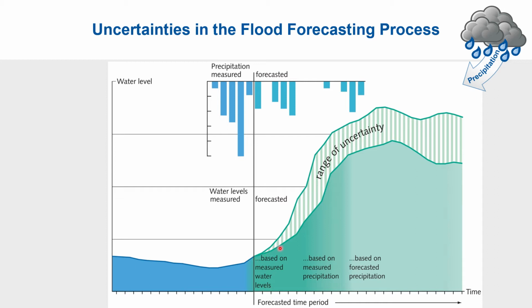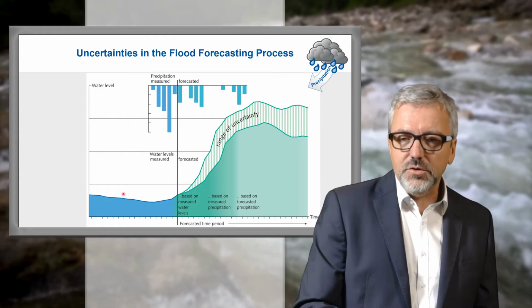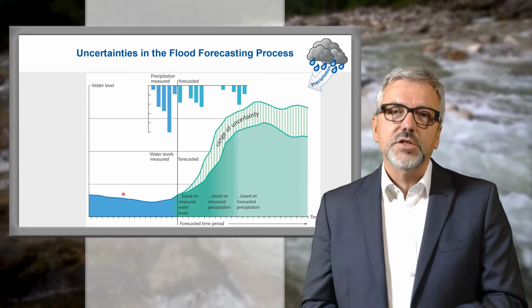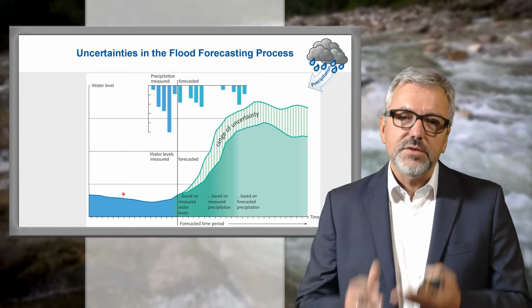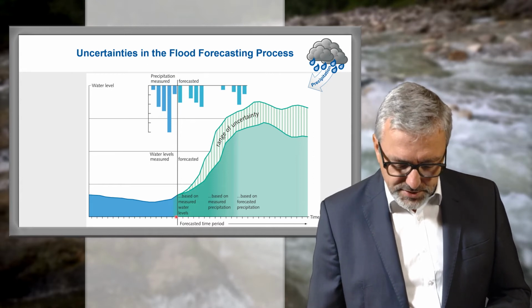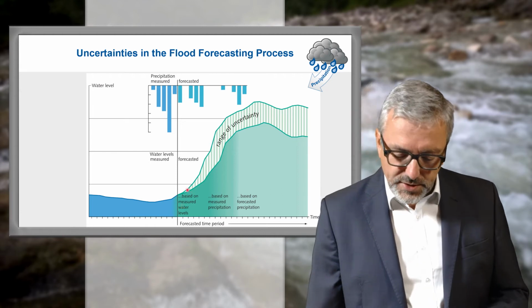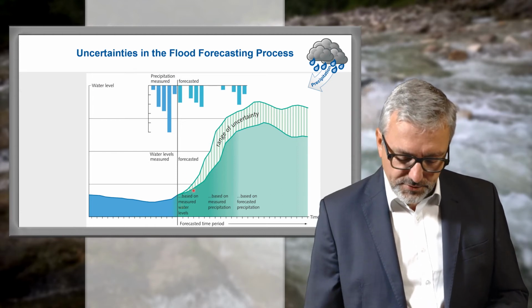We have several possibilities to calculate this flood wave. For the next 2 or 3 hours, we can rely only on measured water levels upstream in the catchment. The water levels are only routed downstream to our gauge Munich, and we can calculate new water stages. You can imagine that the uncertainty of measured water levels just routed downstream to our point is not so high. So we have little uncertainties.